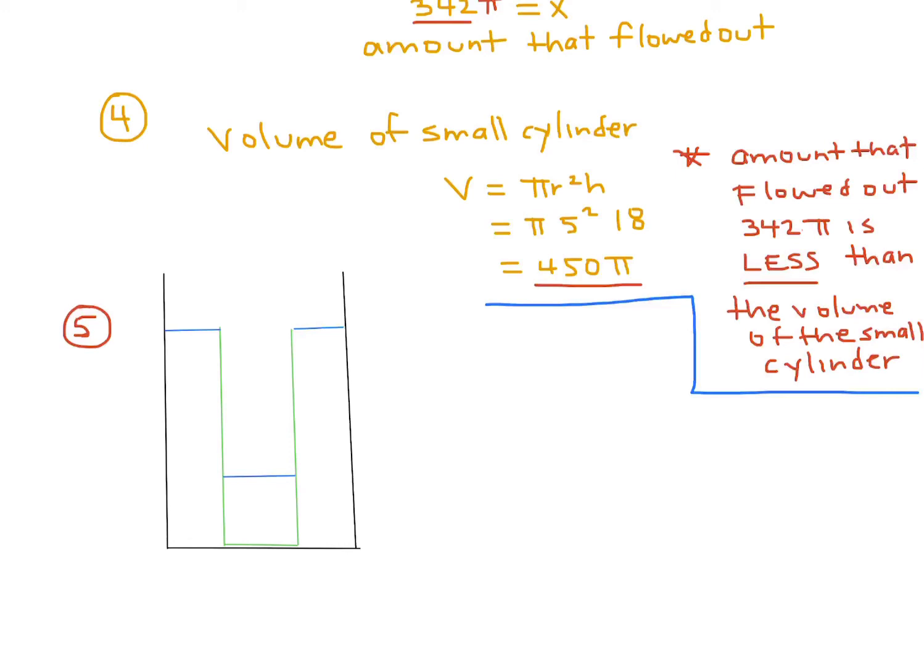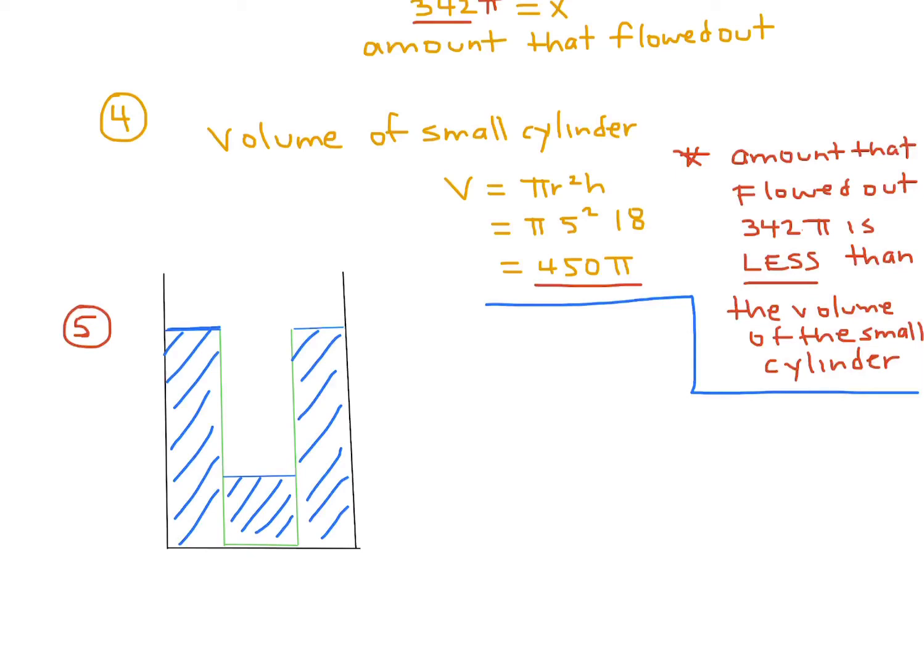So the final step is when the small cylinder that I've drawn in green is at the very bottom. It's sitting at the very bottom, and all the water is now settled. The amount that flowed out is gone, and the water level is now at the very top to match the height of the small cylinder, and a segment of the water has flowed into the small cylinder.